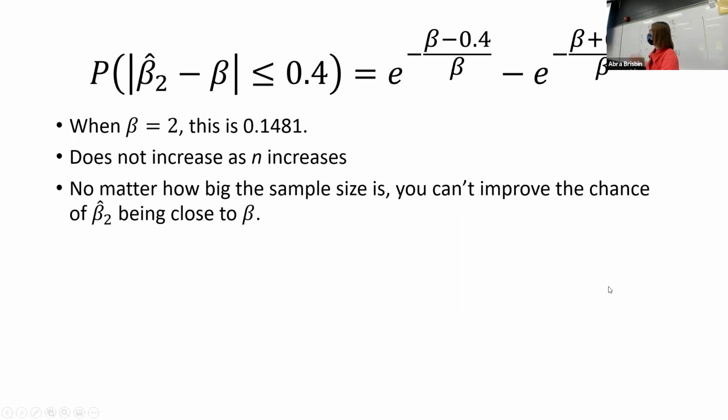So no matter how big the sample size is, we can't improve the chance of beta 2 hat being close to beta. So this proves that beta 2 hat is not a consistent estimator.